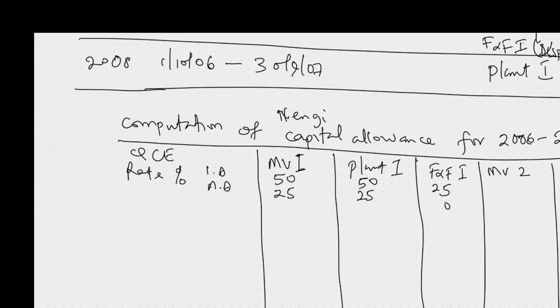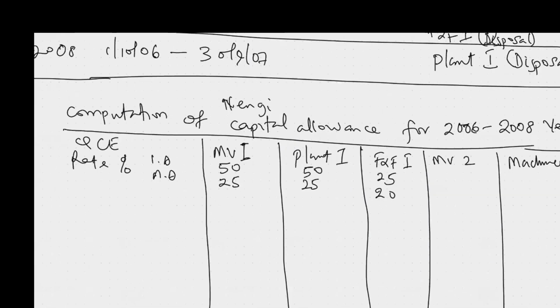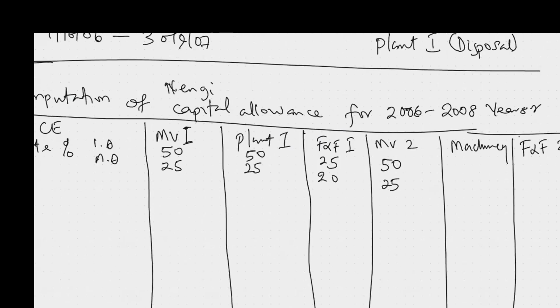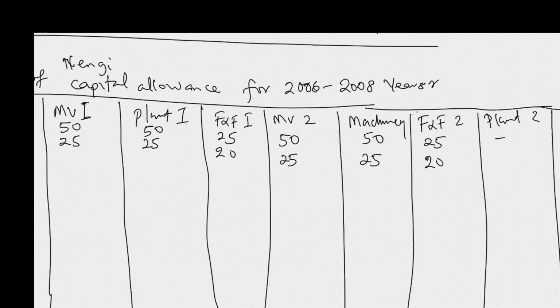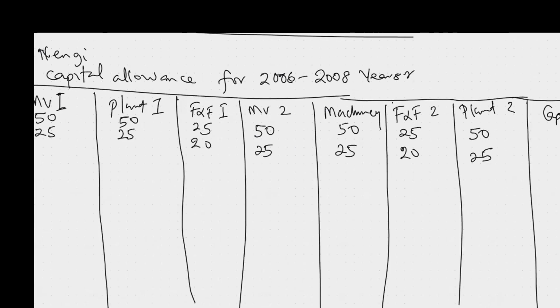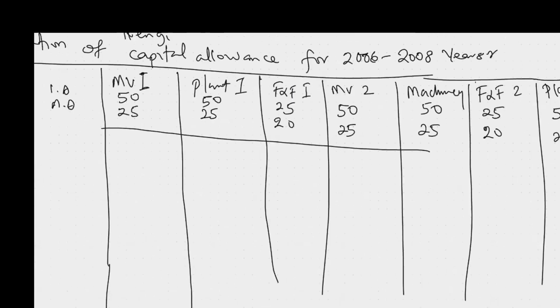This one is 50, 25, 50, 25, 20. So we'll take it one after the other.